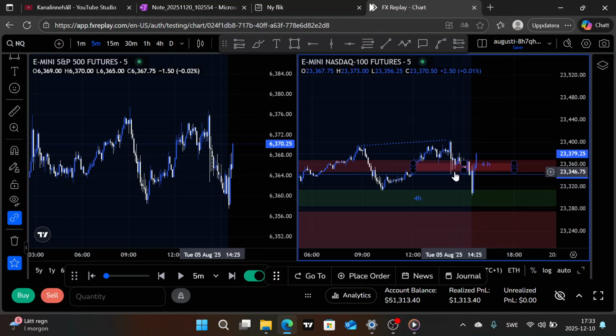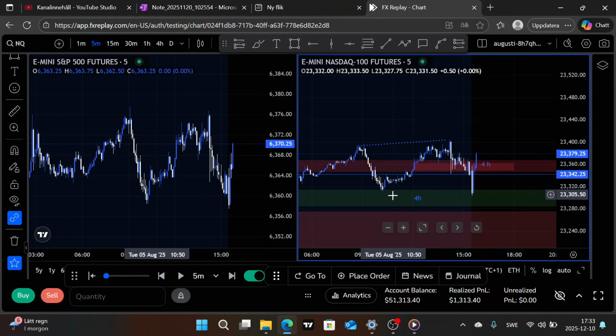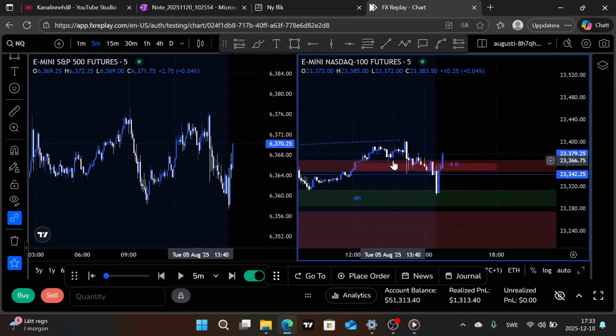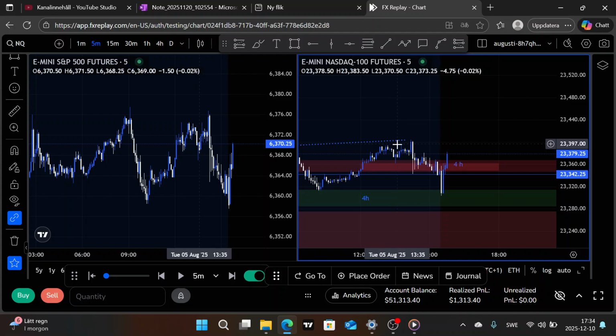We have swept all this internal liquidity. And we also feel change in state in 1 minute and 5 minutes. But to get a clear bias, I need to wait for this.